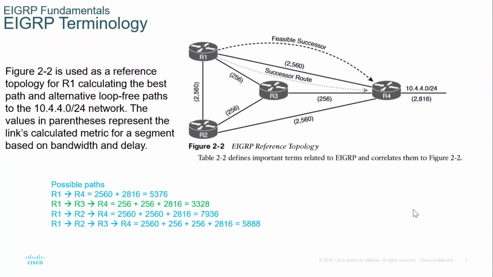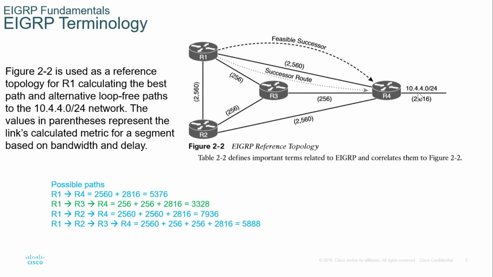So I've saved up your time and I've calculated lah the total distance from all of these possible paths, dan kita boleh buat conclusion bahawa this is the best path ataupun this is the successor route, which is R1, R3, R4. Okay, so 3328 is the distance from here to here to here.